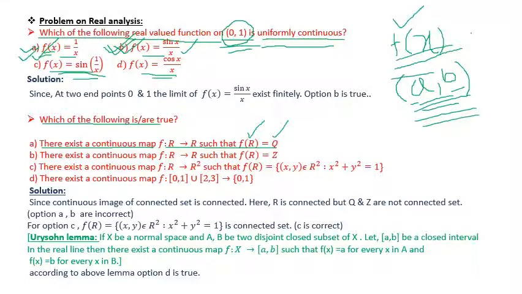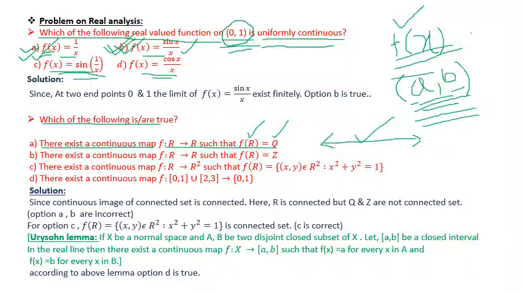R represents a line, and you can stretch this line infinitely from both ends. So R is connected and Q is not connected.